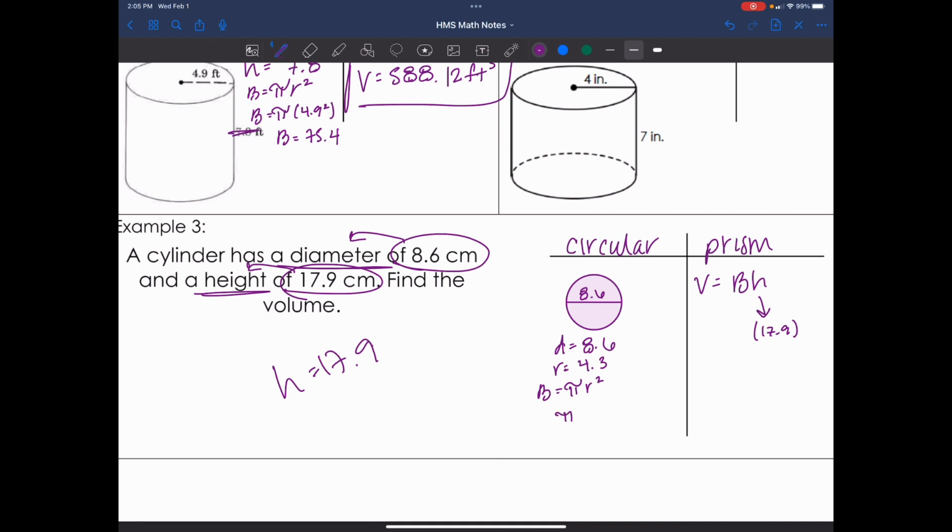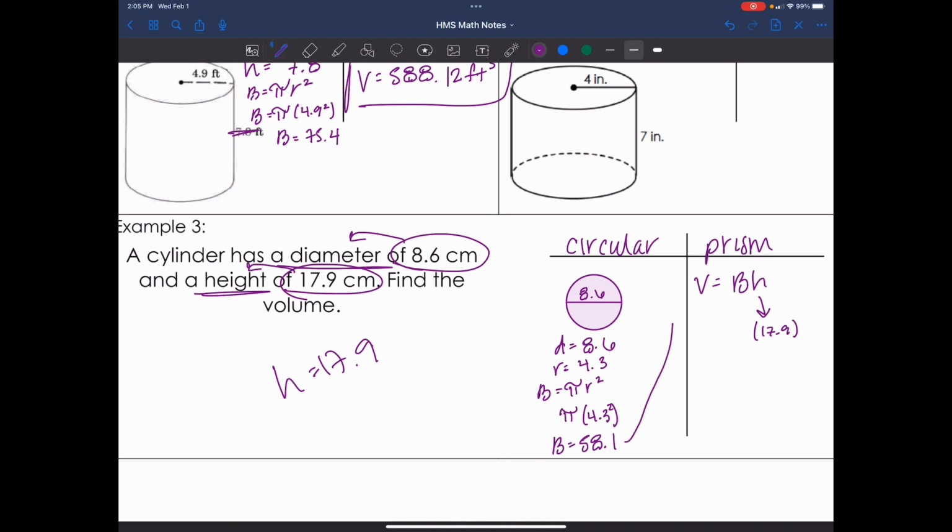So in my calculator, I'm literally just going to put pi button times 4.3 squared, which should come out to 58.1. Yeah? Is that what you guys got?